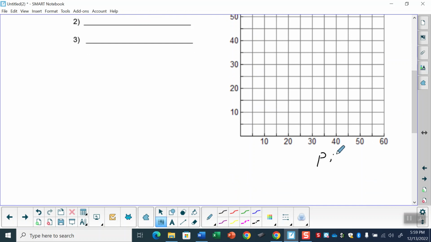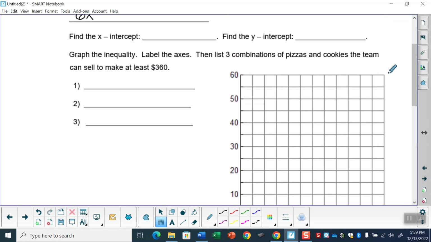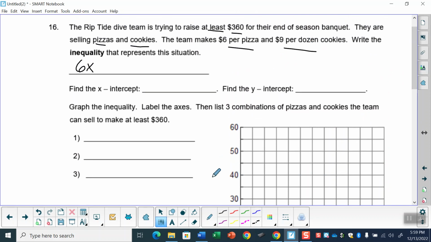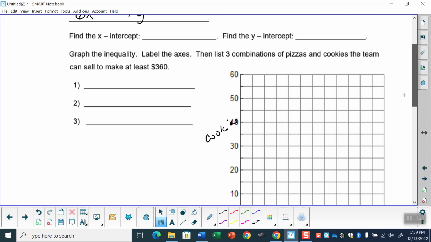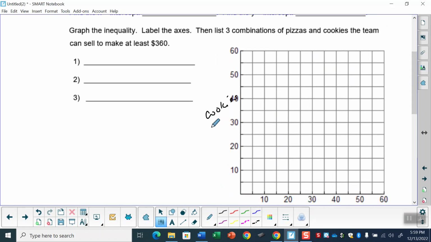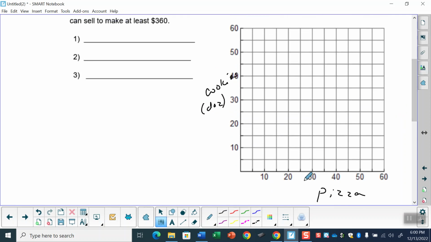All right, so this is going to be pizzas, because this is my x-axis here, and then my y is going to be the cookies. So say plus, and then 9 times the number of dozens of cookies. And this will be in dozens. All right, and this would be single pizzas.